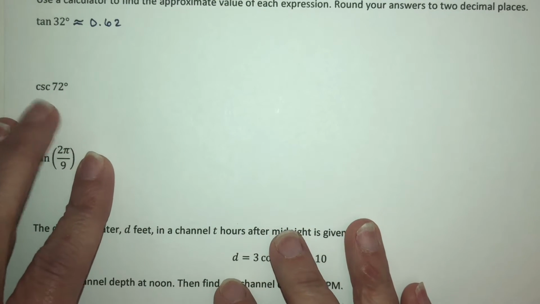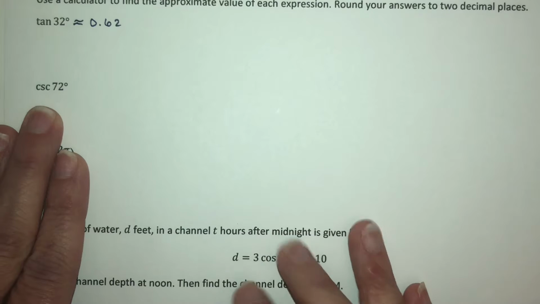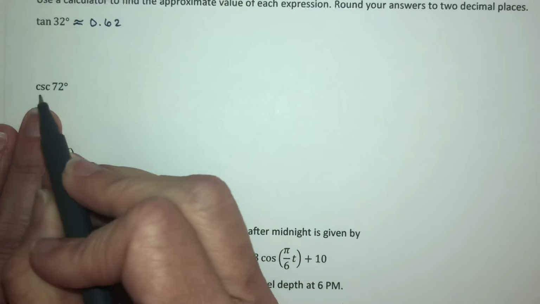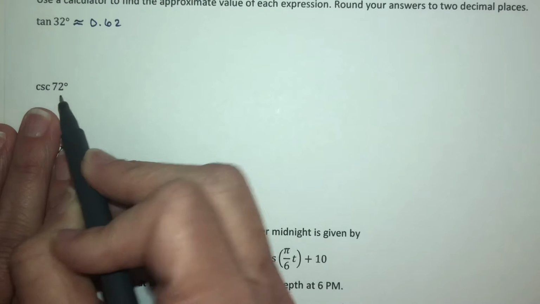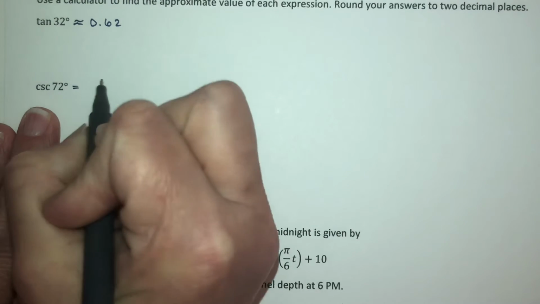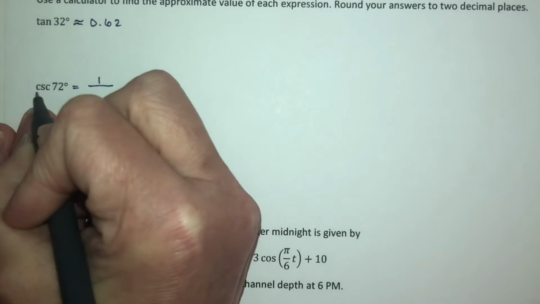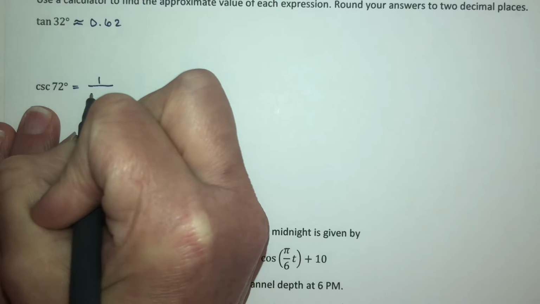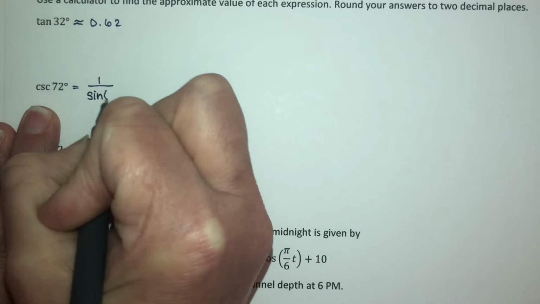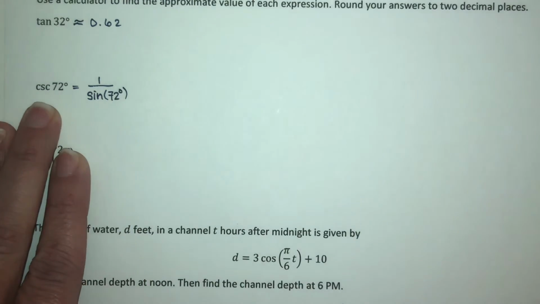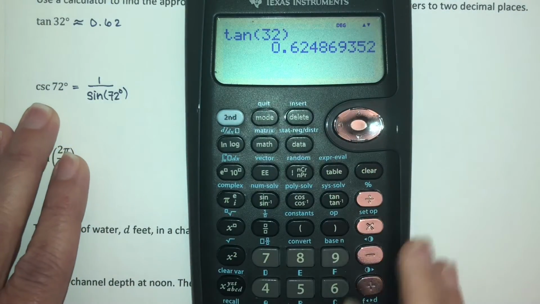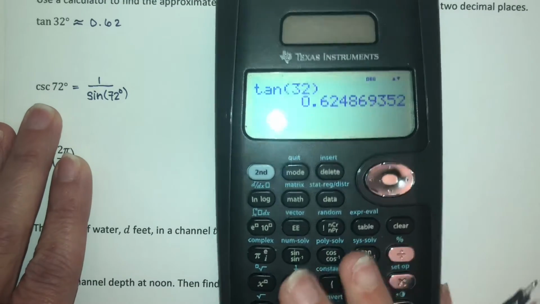Cosecant of 72 degrees. Okay? Remember, we do not have a cosecant button, so we have to take the reciprocal of this. This is 1 over sine of 72 degrees, since cosecant goes with sine. This one is in degree mode.